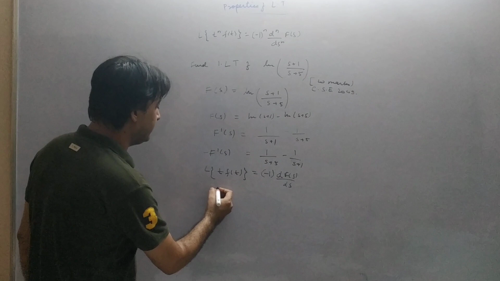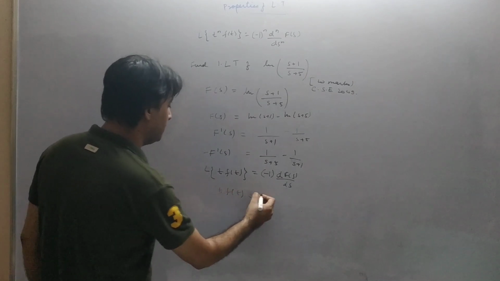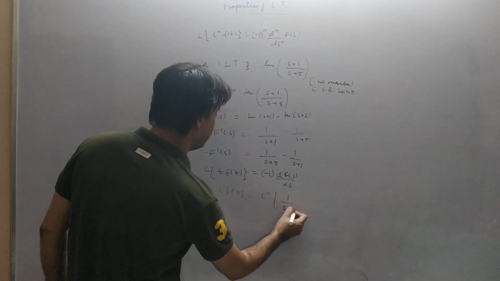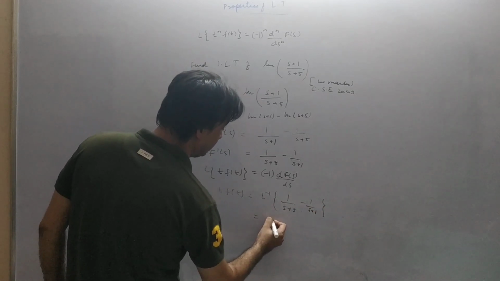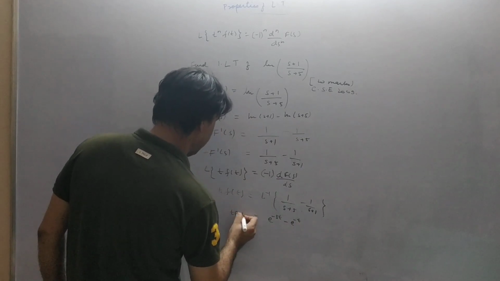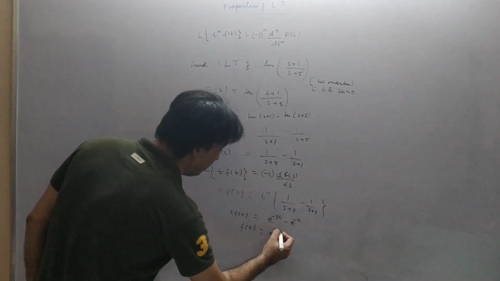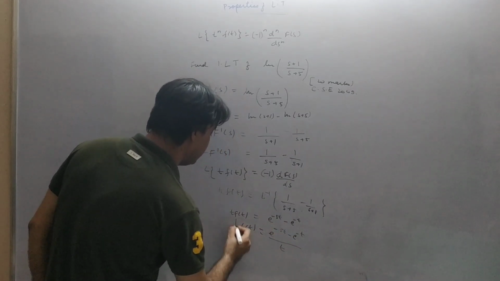So we can say that t f(t) is equal to the inverse Laplace transform of this one. So its inverse Laplace is e to the power minus 5t minus e to the power minus t, equal to t f(t). So f(t) is (e to the power minus 5t minus e to the power minus t) by t.